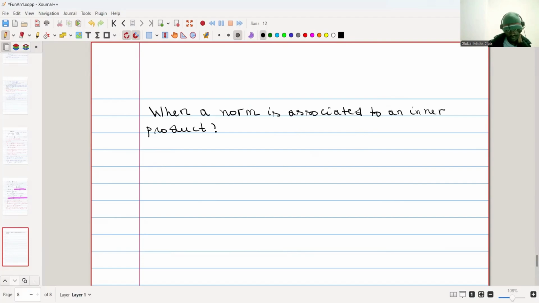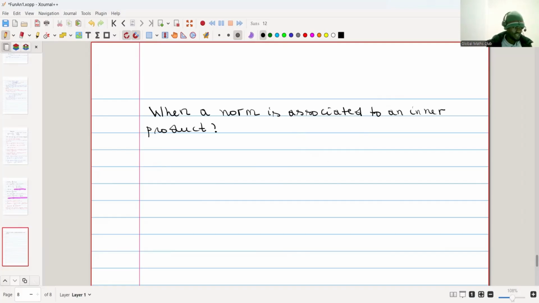Of course, when you have a norm space, it's true that when you have an inner product space, you can define a norm.